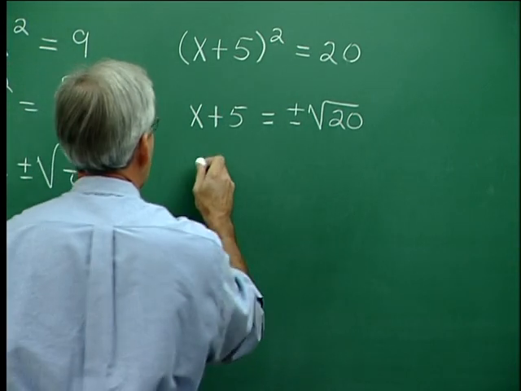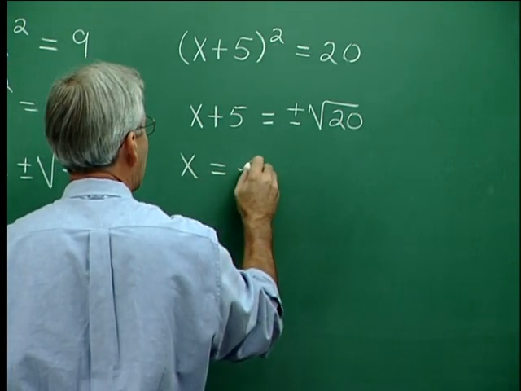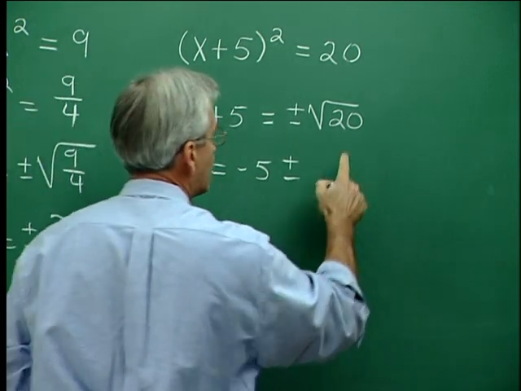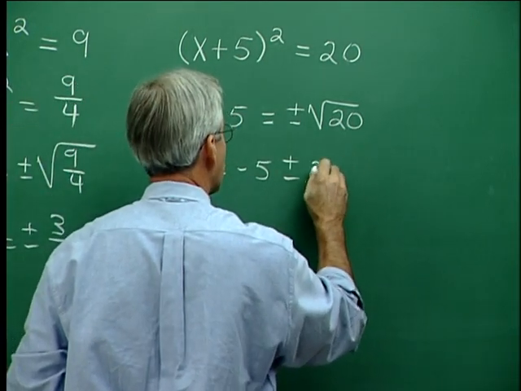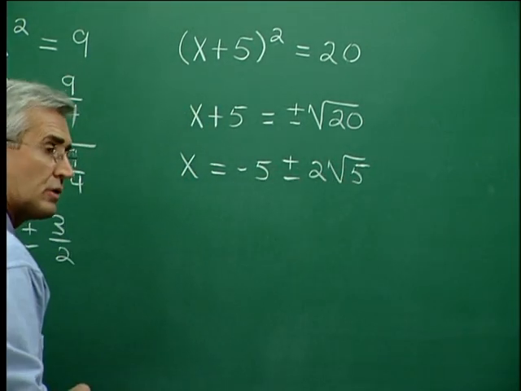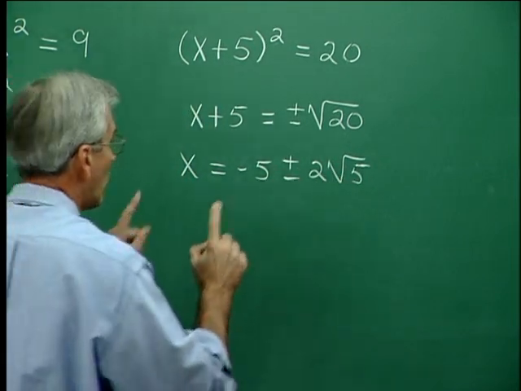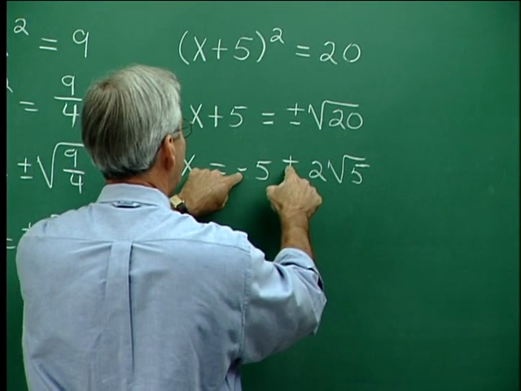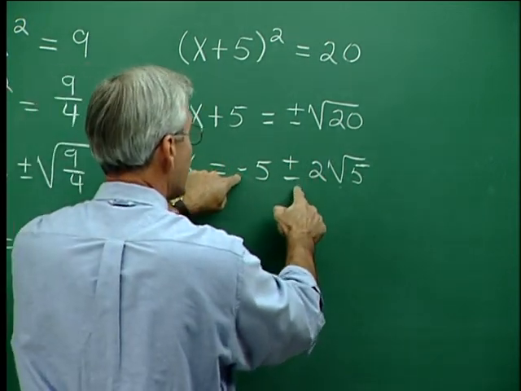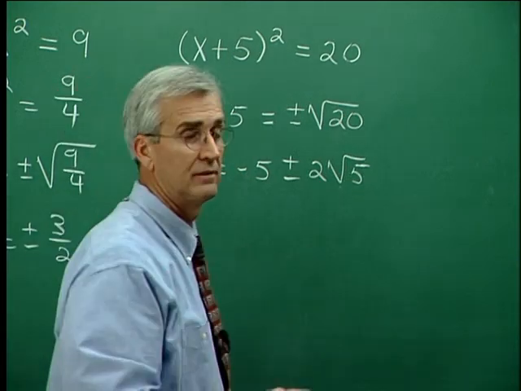And now we have, let's see, x equals -5 plus or minus the square root of 20. Now let's see, 20 is 4 times 5, so this is 2 the square root of 5. So these then are our two solutions. Now I say two solutions because one solution is -5 plus 2 root 5. The other solution is -5 minus 2 root 5.